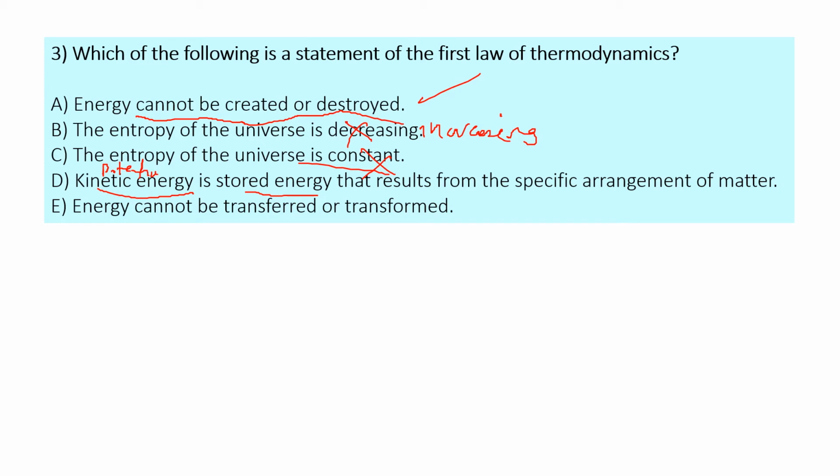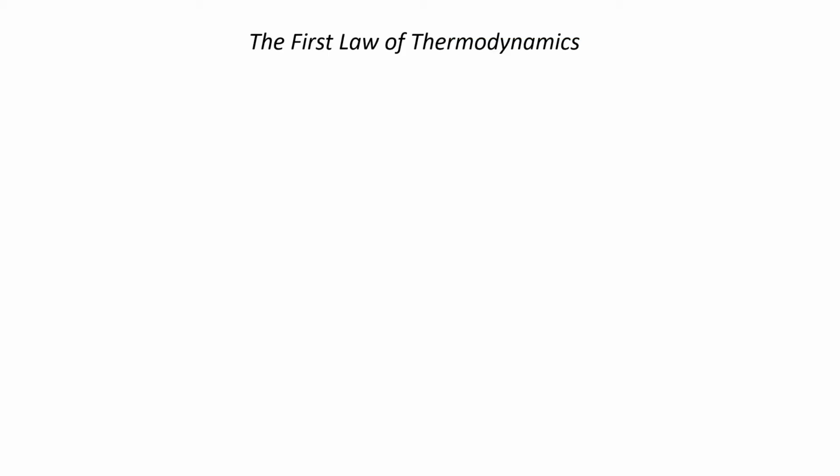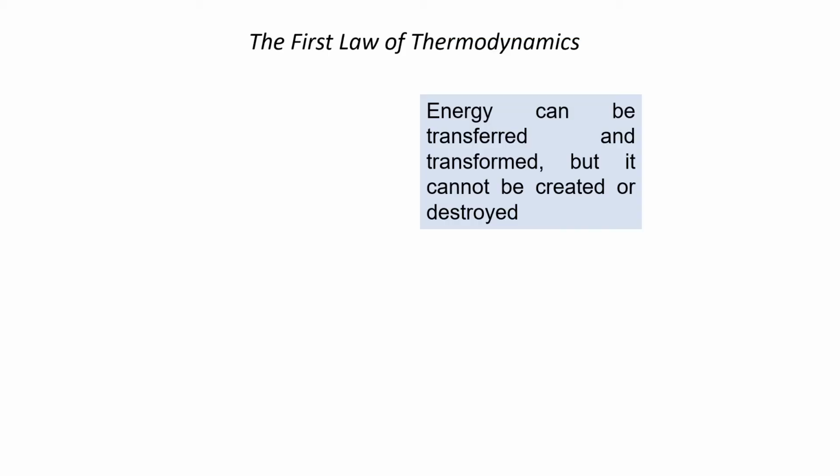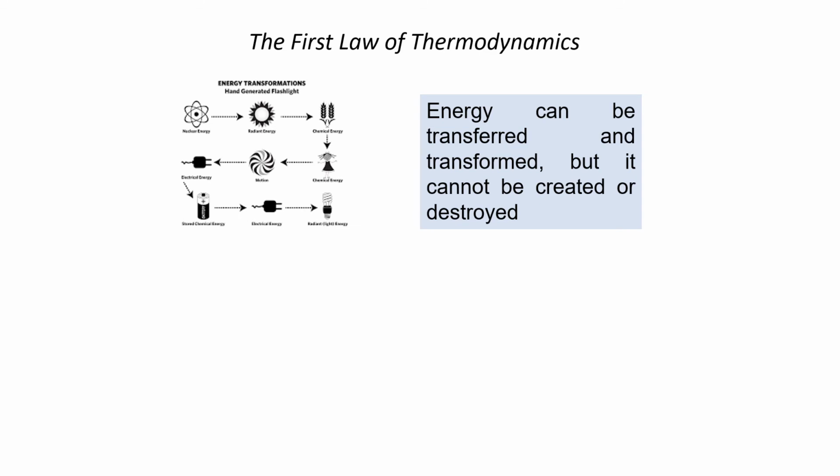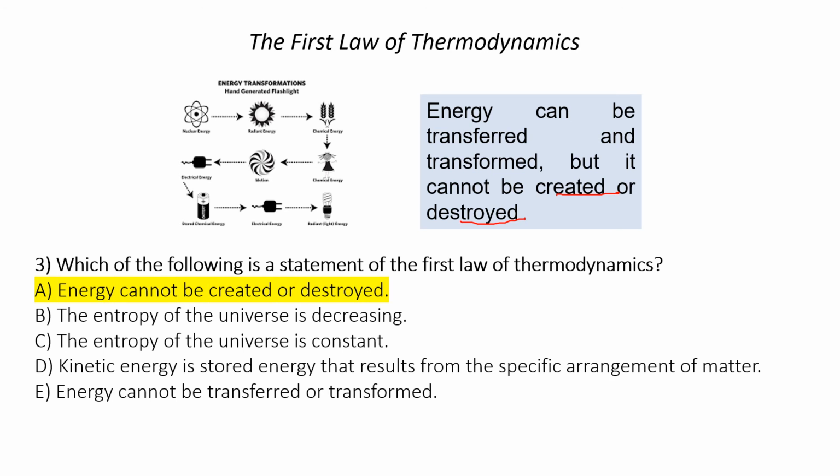Energy cannot be transferred or transformed. No, this is actually wrong: energy can be transferred and transformed, but cannot be created or destroyed. So remember, this is the first law of thermodynamics. Energy can be transferred and transformed, but cannot be created or destroyed.